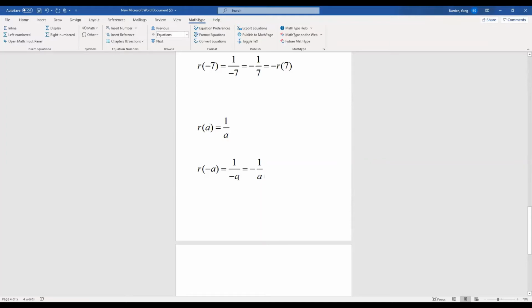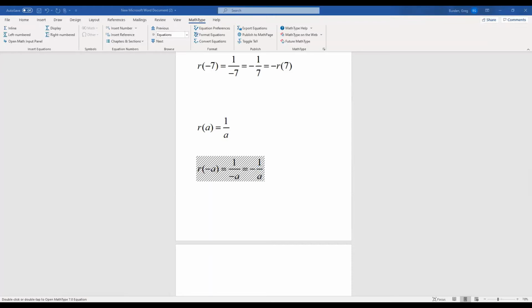On the other hand, if A happened to be negative, then its opposite is positive. But then 1 over A would be negative because A is negative, and then the opposite of that whole thing, which is what's represented by the negative in front of this, is going to be a positive number. I know a lot of words there. Math isn't meant to be a spoken language.